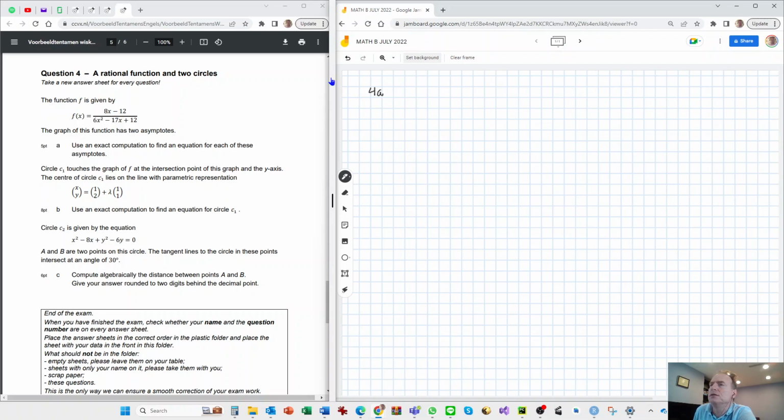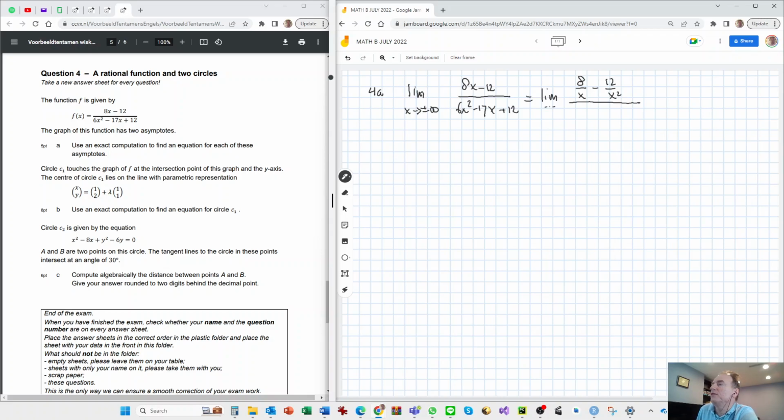So let's do that. So we check the limit as x goes to, say, plus or minus infinity of that function, and rewrite it as the limit of 8 divided by x minus 12 divided by x squared.